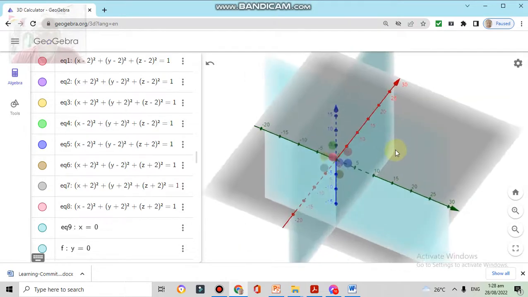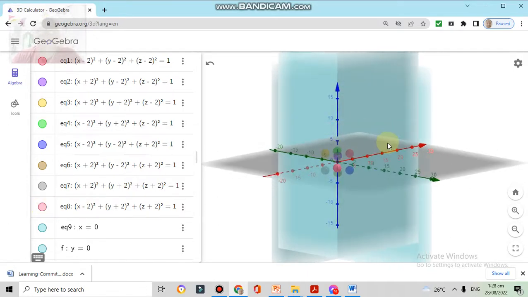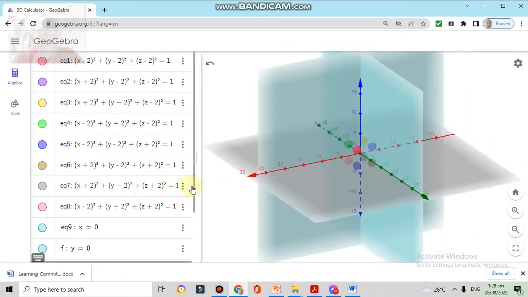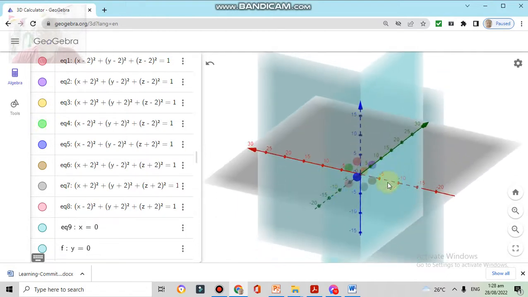And lastly, the subspace containing the floating pink ball is called the eighth octant. So let us recall. Above the xy plane: the first, second, third, and fourth octants. Below the xy plane: the fifth, sixth, seventh, and eighth octants.